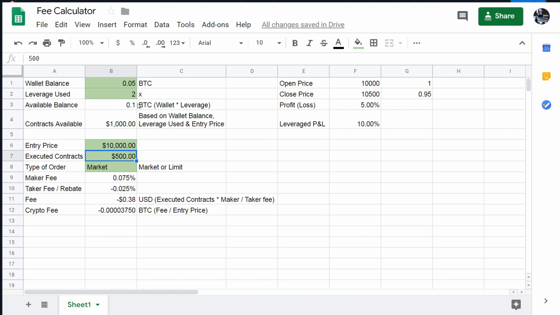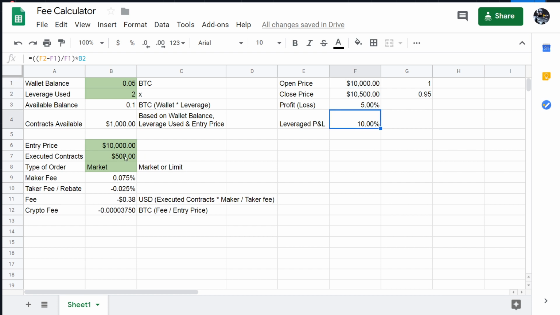So again, at 2x leverage, on a 5% spot change, that's going to be a 10% profit or a 10% loss. It really depends on where the price goes, but we're assuming an entry of $10,000 and an exit of $10,500, and at 2x leverage, that's going to yield a 10% profit.